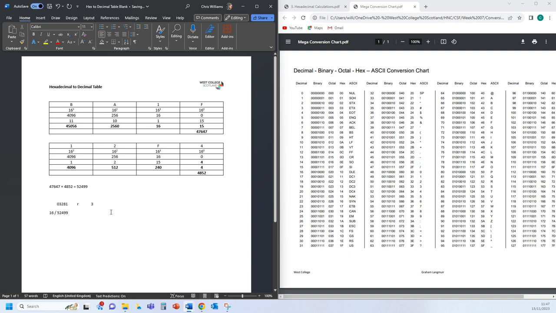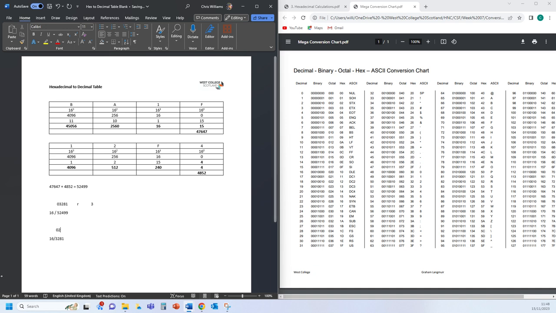And then what you do is you do the exact same process for the 3,281. So 16 into 3 we know doesn't work, so put a 0, so it's 3, 32, 16 into 32, we know that's 2 with no remainder, so that's fine.